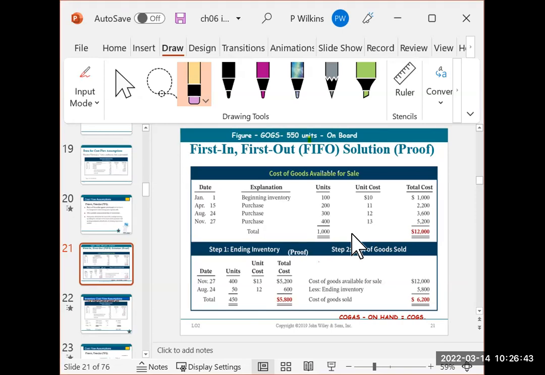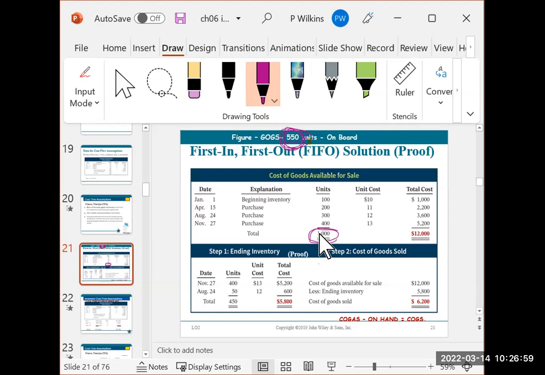In this problem, they told us there's 450 units in ending inventory. However, if we only knew there were 1,000 units, and at the top it says 550 were sold, then 1,000 starting units minus the 550 sold tells us that 450 units were in the ending inventory.